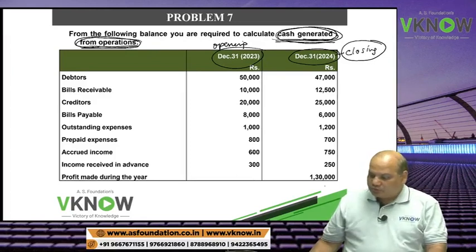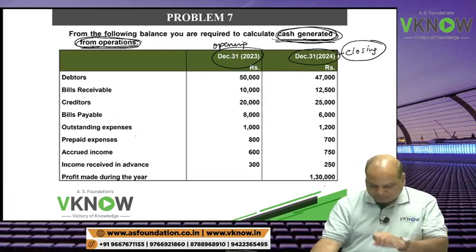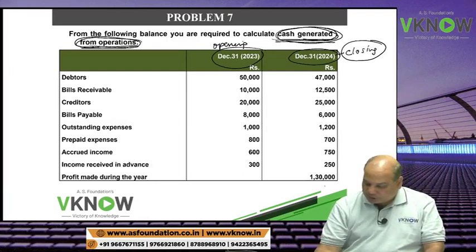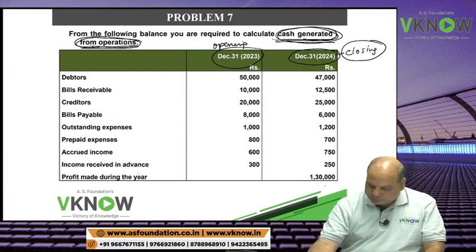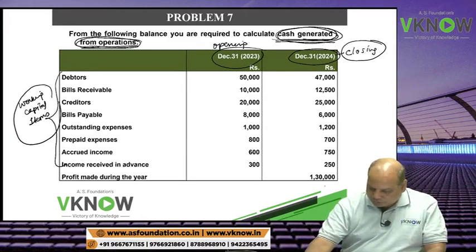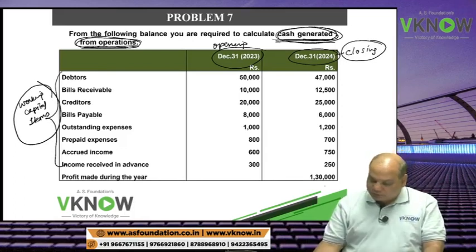Now debtors, bills receivable, creditor, bills payable, outstanding expense, prepaid expense, accrued income, income received in advance. All these items given to you are working capital items. Opening and closing balances are given to you.